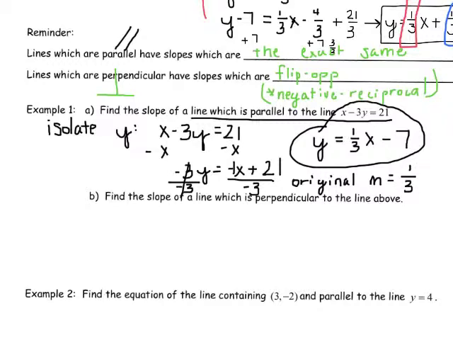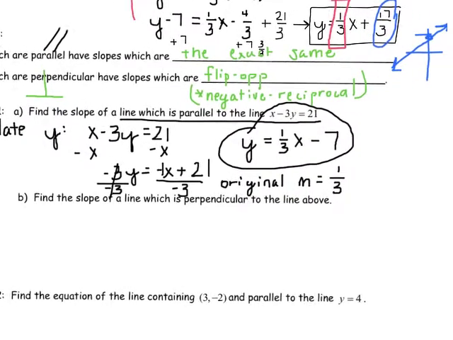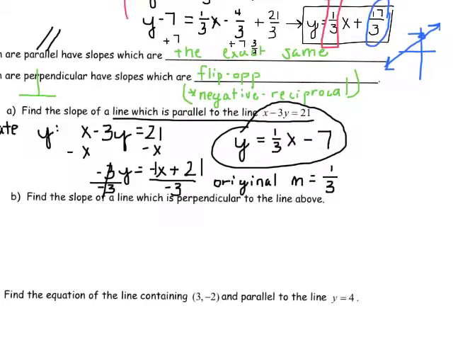Okay, so if I want to answer the question, what is the slope of a line that's parallel? Well, a parallel slope, I'm just being really technical with my notation, would also be 1/3 because it's the exact same as the original one. Okay, so the parallel slope would be 1/3.